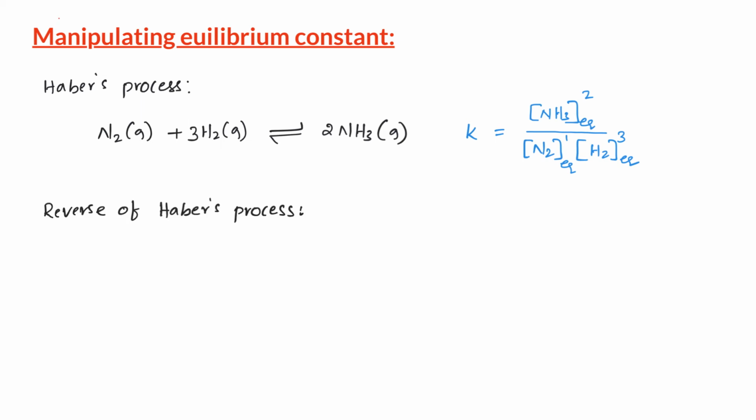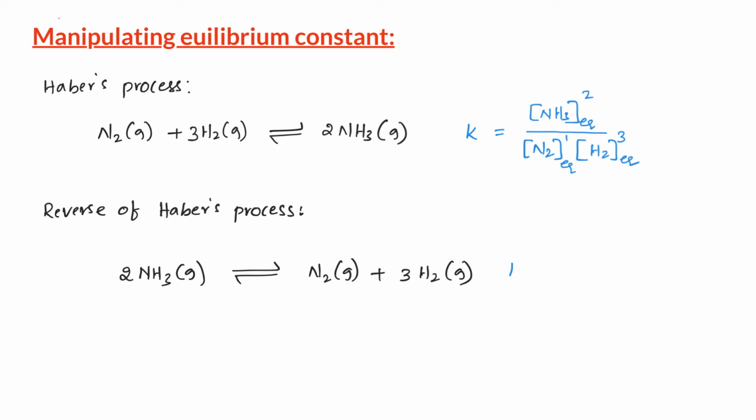Let us now reverse this reaction and write the equilibrium constant expression. So the products of the above reaction become the reactants, and the reactants of the above reaction become the products. 2 moles of ammonia gives 1 mole of nitrogen and 3 moles of hydrogen. Let us now write the equilibrium constant expression for this reaction.